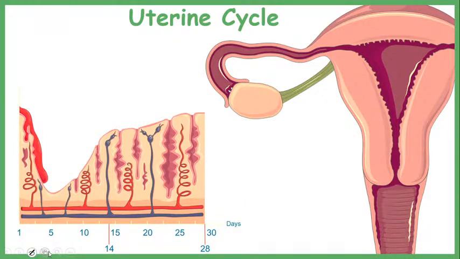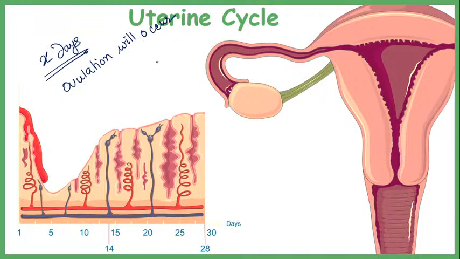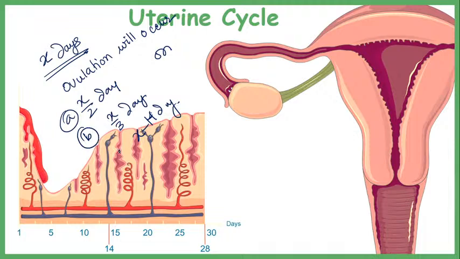If the duration of the menstrual cycle is x days, then tell me, ovulation will occur on x by 2 day, x by 3 day, or x minus 14 day. Option A, option B, option C. What will be the answer?